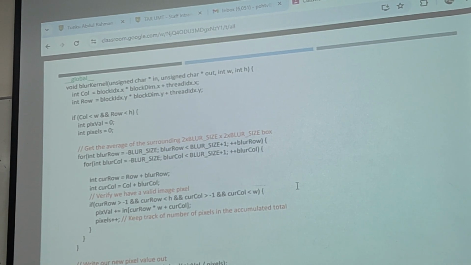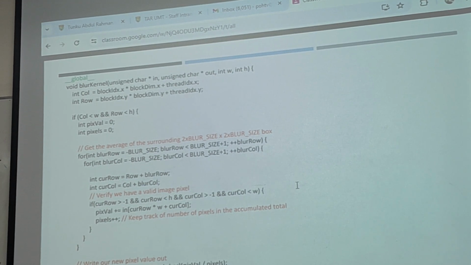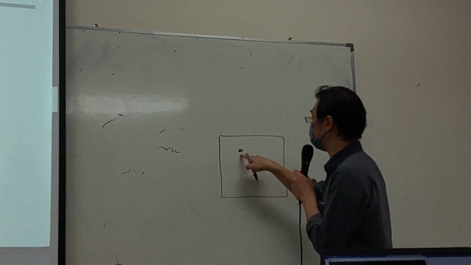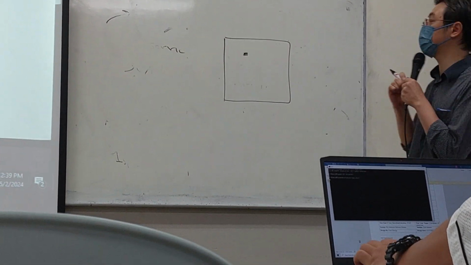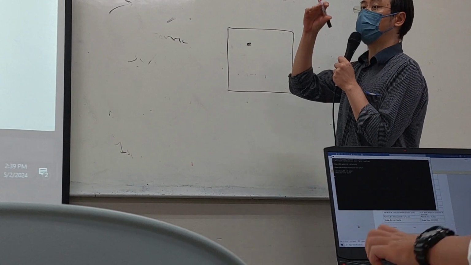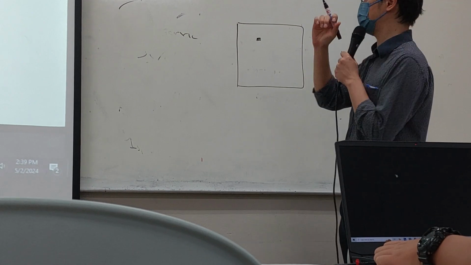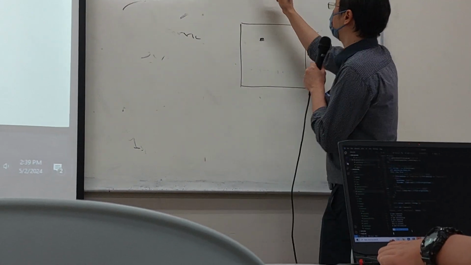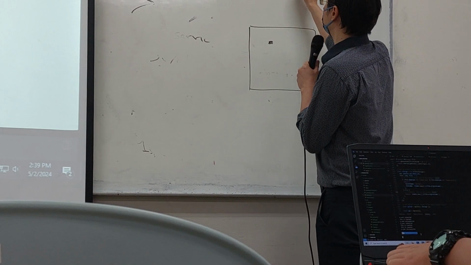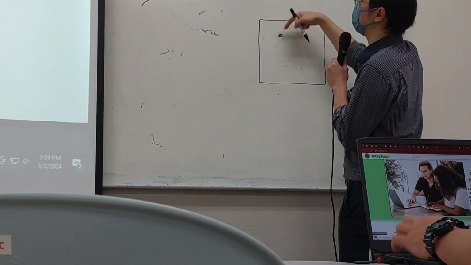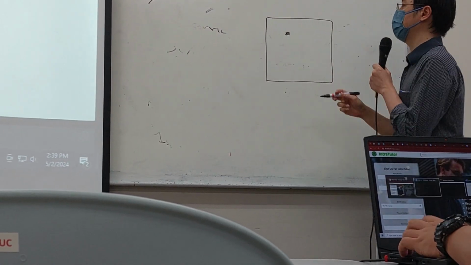If let's say I have a picture, and if I take this pixel here, I want to determine the final color of this pixel, or the intensity of this pixel. Basically, when you blur the image, this is the intensity that you manipulate. Take note you have R, G, and B, so you have to see one by one. The red first, and then you deal with the green, and then you deal with the blue.